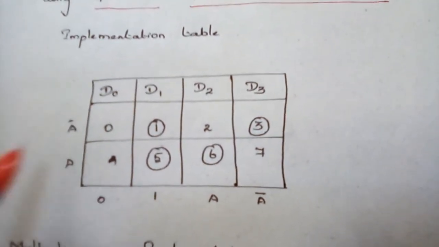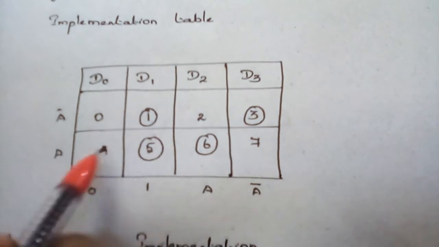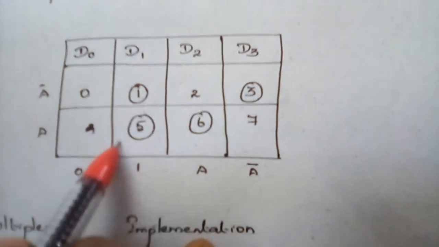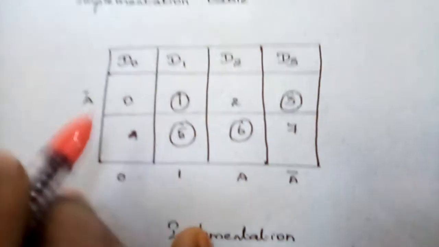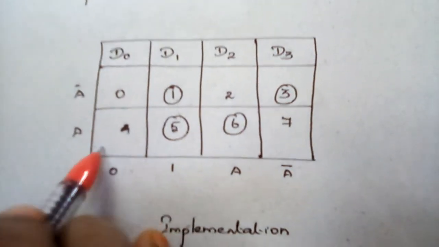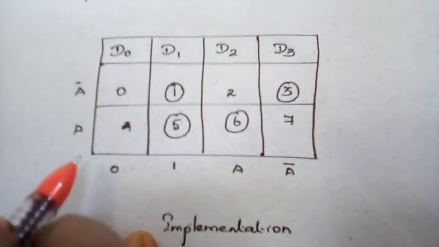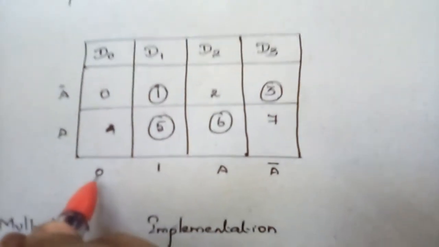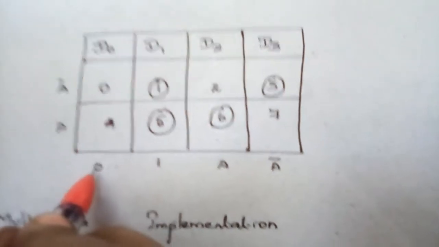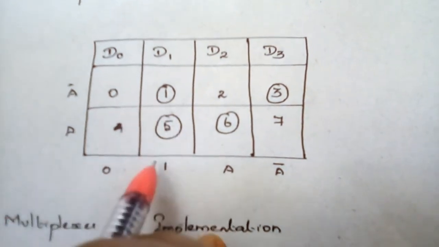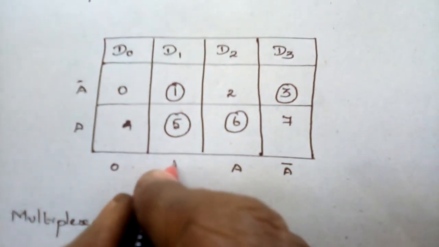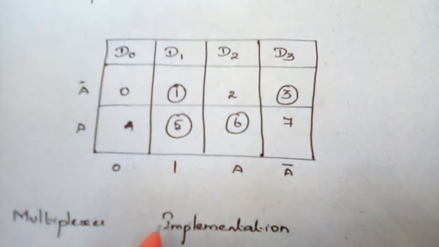If it is given, automatically we need to encircle. Here 0 and 4 are not in the function, I have not encircled. Since the terms are not encircled, I am writing this term as 0.